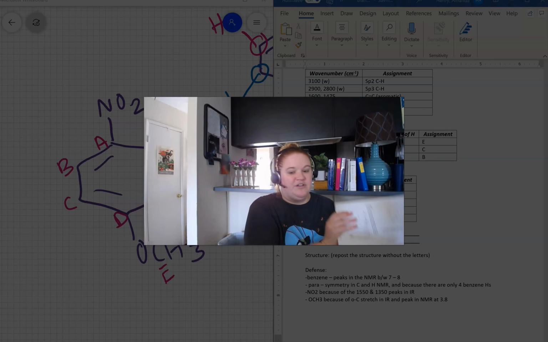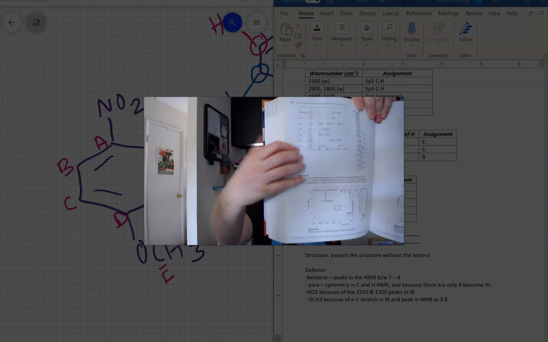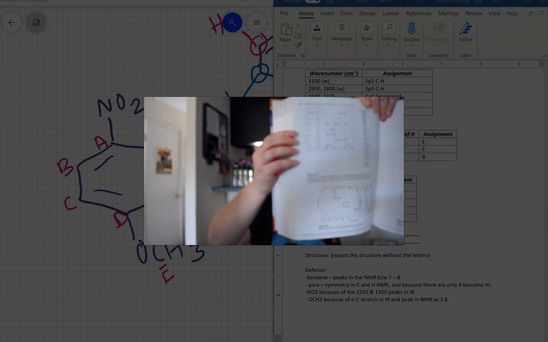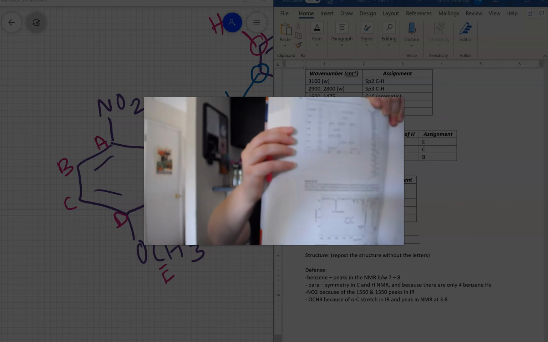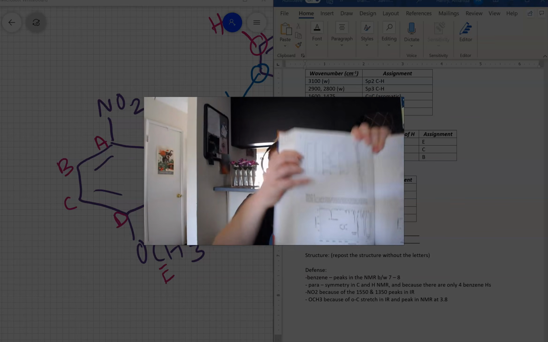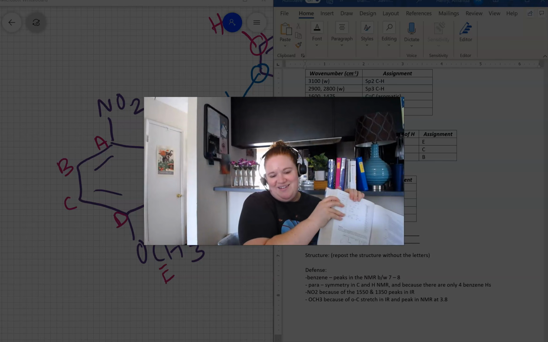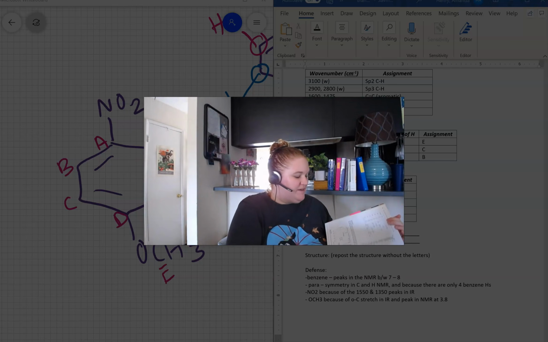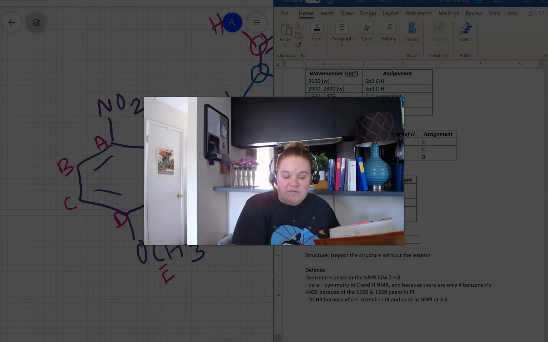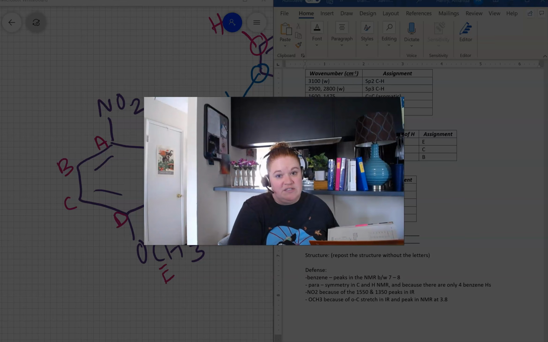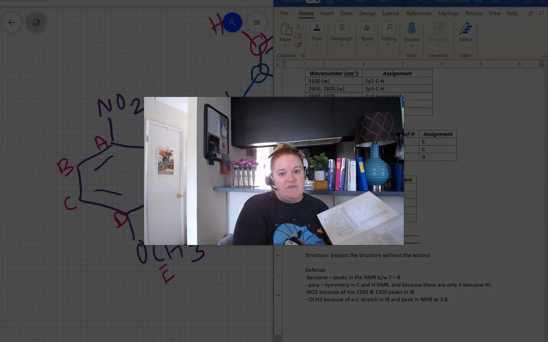So I'm on page 902. These two tables right here are showing you what type of peaks you would see. I know I didn't actually focus on it, but it's showing you the types of peaks you would expect to see for all of the different substitution patterns in a benzene ring. So it's giving you a ton of information.